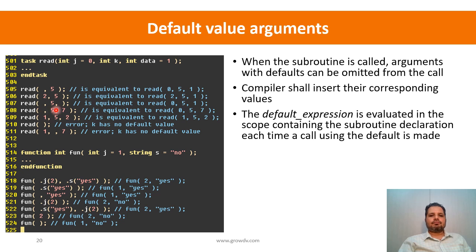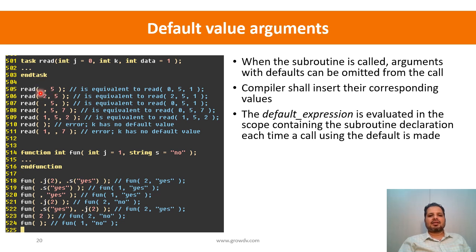So let's understand that. One more factor is that the compiler shall insert the corresponding values when you call. For example, I call this task read and I am saying comma 5.